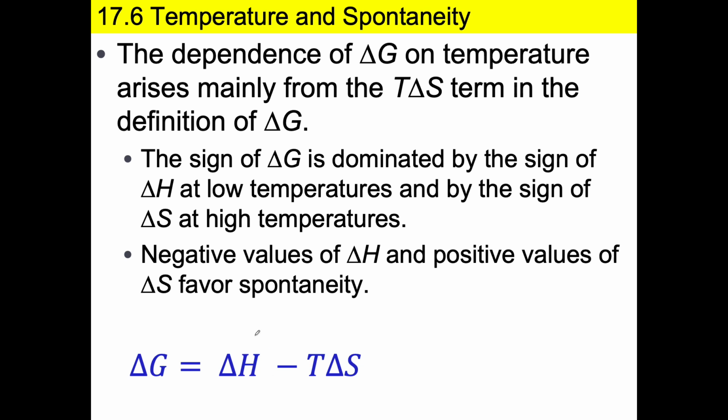So if you have an idea if they're endothermic or exothermic, and whether delta S is increasing or decreasing because it's becoming more random, then you can figure out whether delta G is positive or negative. And sometimes the signs of these are different. So let me look at that on the next slide.